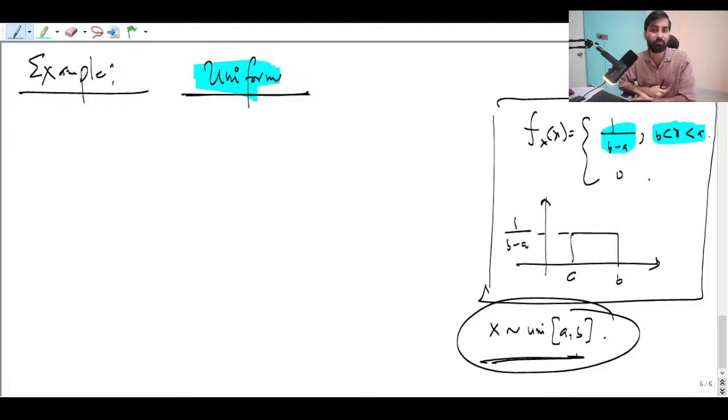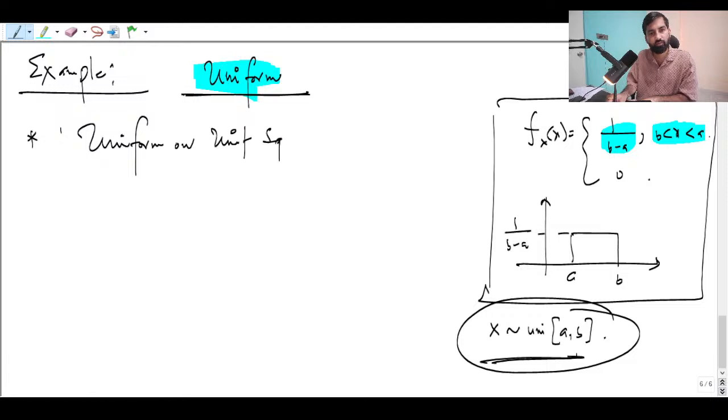Suppose we take the very first example: uniform on the unit square. Suppose x takes the value between 0 and 1, and y, there are two random variables.